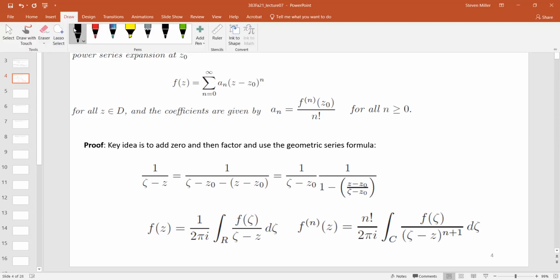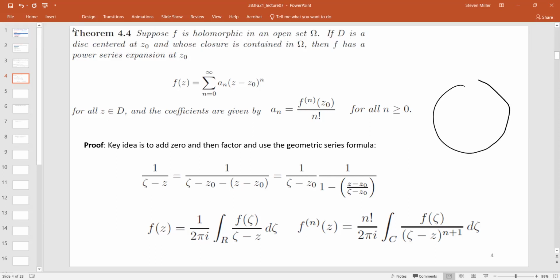So here is my circle C. Here is some point z naught. And then here's some point z that's close to z naught. And I'm choosing some little ball about z naught that's entirely contained in my circle. And so again, all of these concepts are local concepts. I'm doing a series expansion near z naught, so I can assume z is very, very close to z naught.